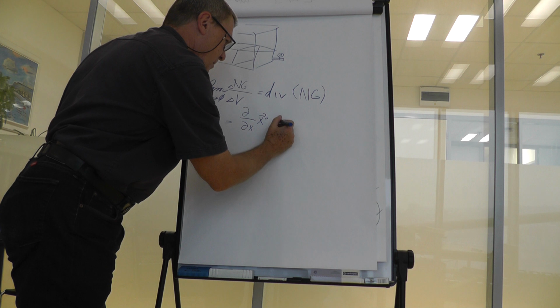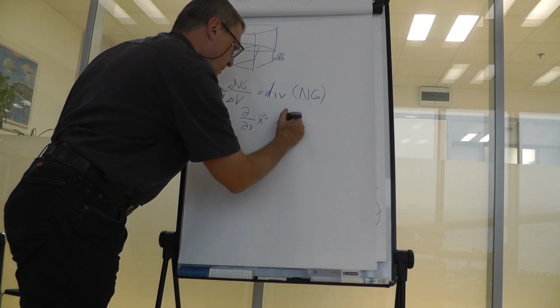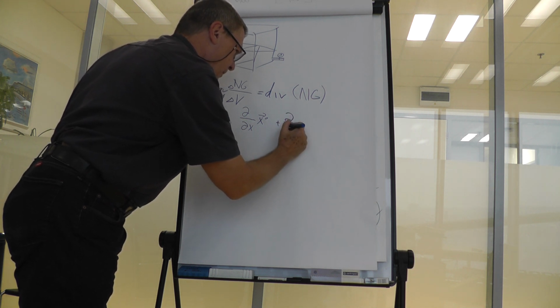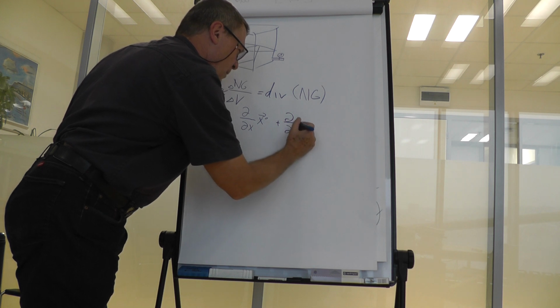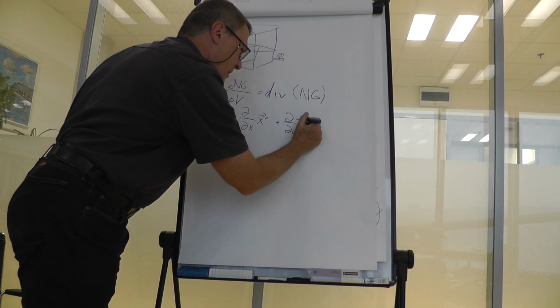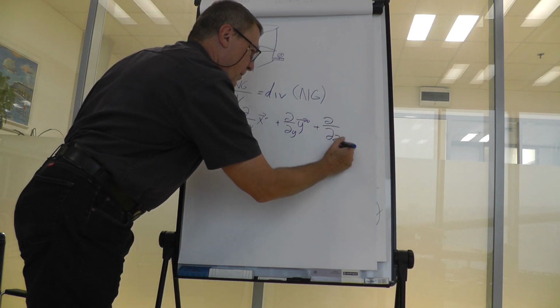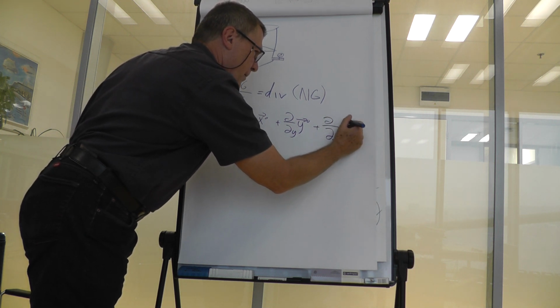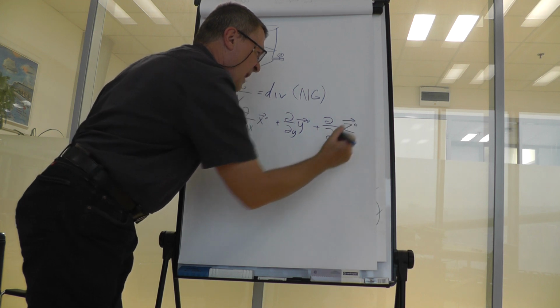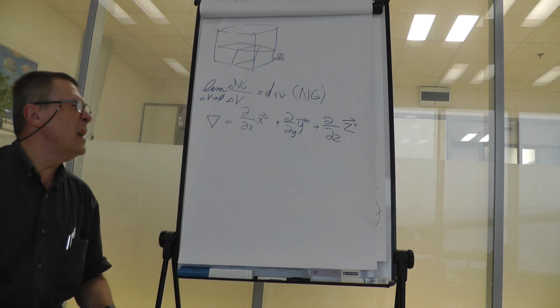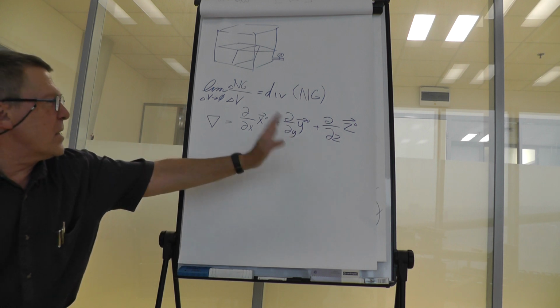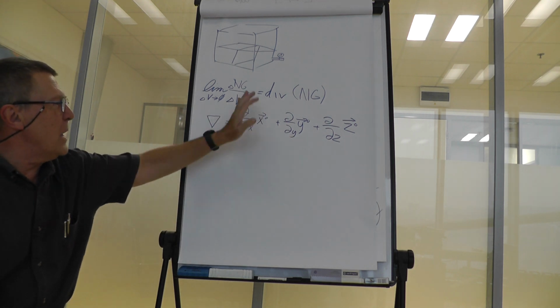plus a partial derivative against y plus a partial derivative against z in the direction of z. So it's a vector, it has three components.